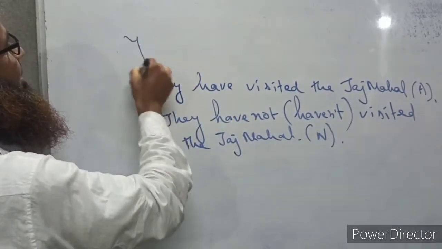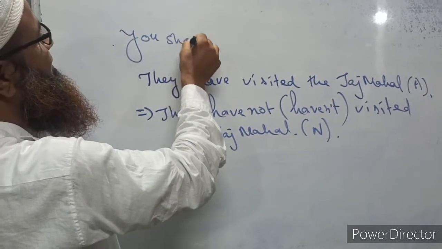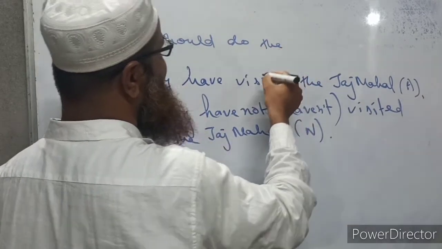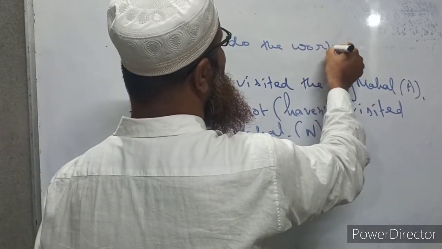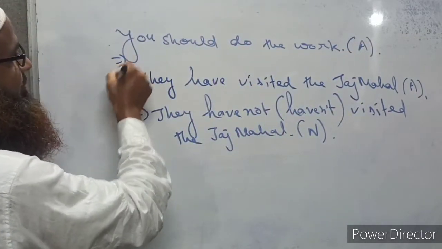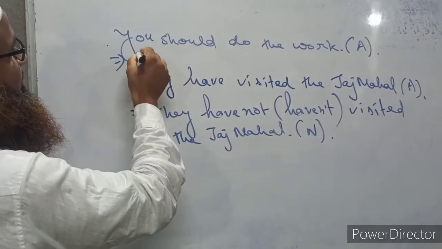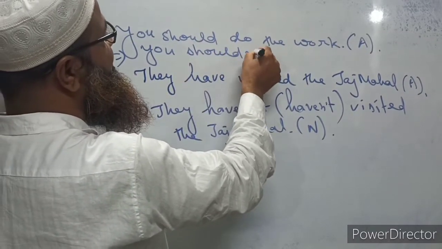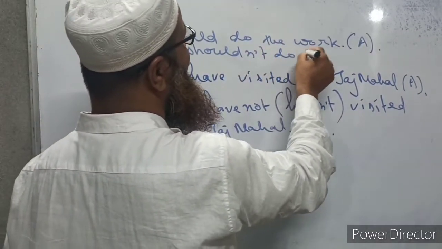You should do the work. It is an affirmative sentence, and while we make it negative, we should write you should not or you shouldn't. You should not or you shouldn't do the work.